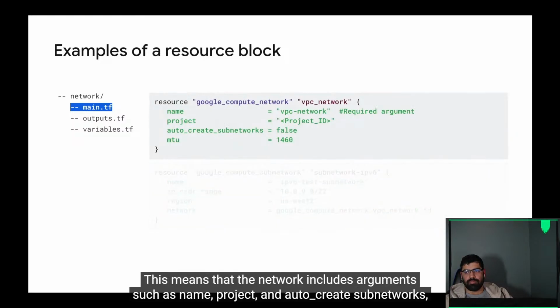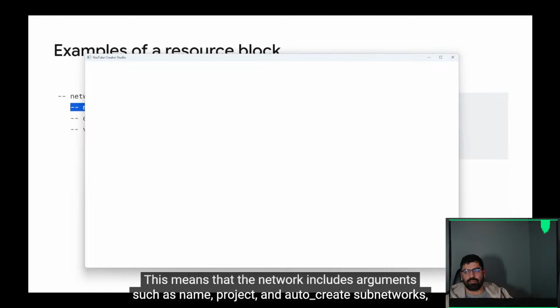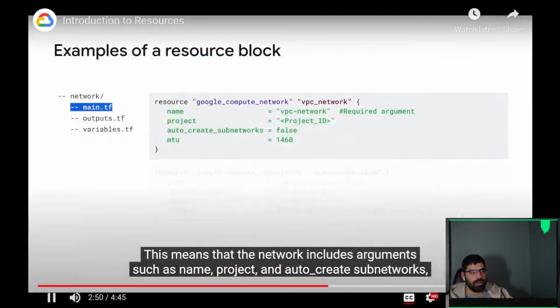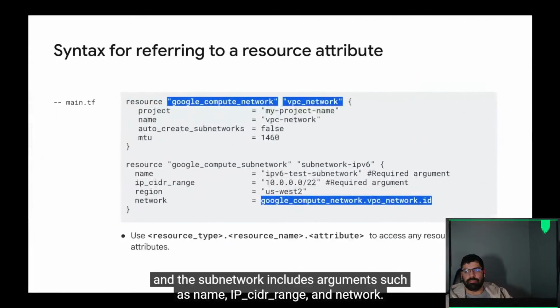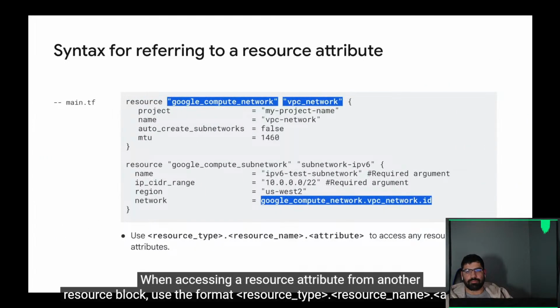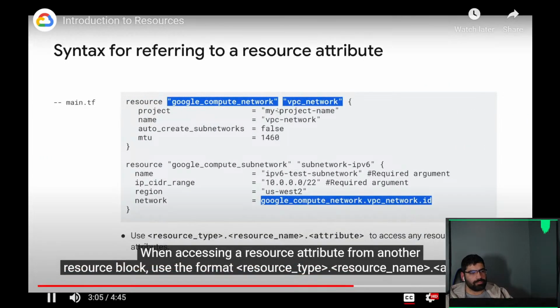This means that the network includes arguments such as name, project, and auto-create subnetworks. And the subnetwork includes arguments such as name, IP CIDR range, and network. When accessing a resource attribute from another resource block, use the format resource type.resource name.attribute.